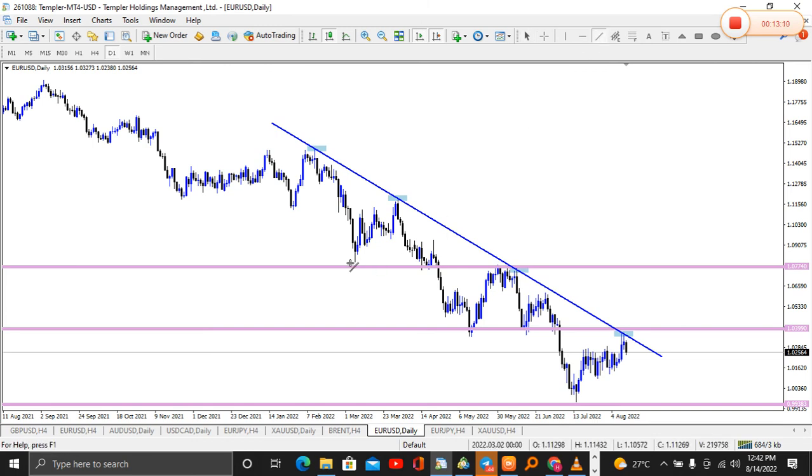EUR/USD has been making also continuation patterns. Now this continuation pattern is a clear indicator to show you that we are still driving that trend. It can be an uptrend where we come along to see bullish flags. If it is a downtrend, we can clearly spot and see bearish flags or pennants or wedges.